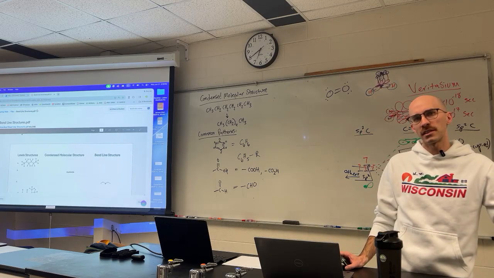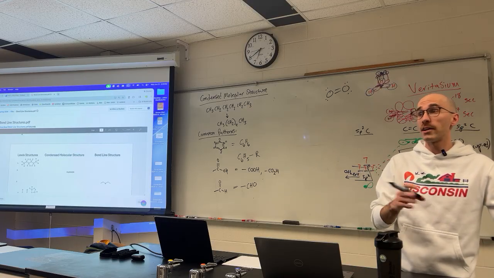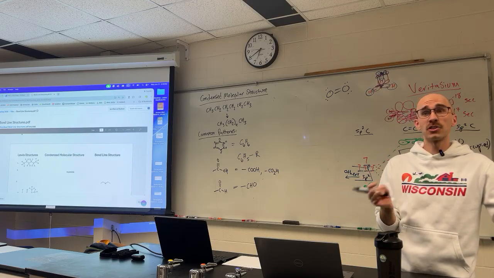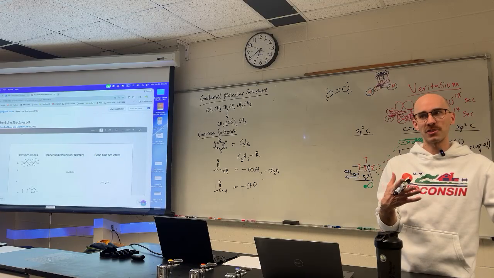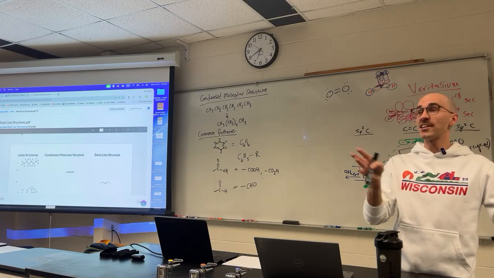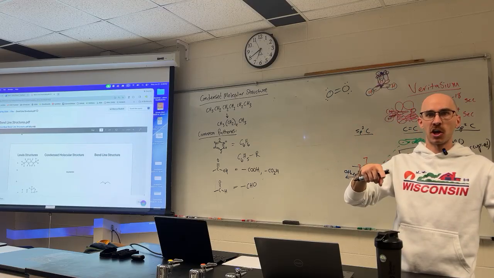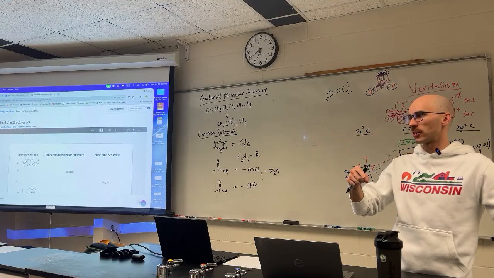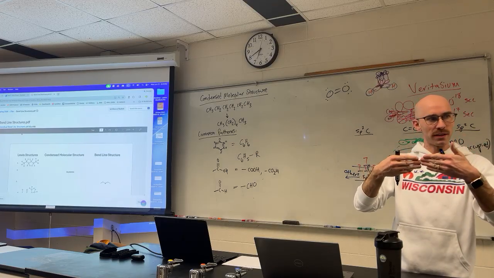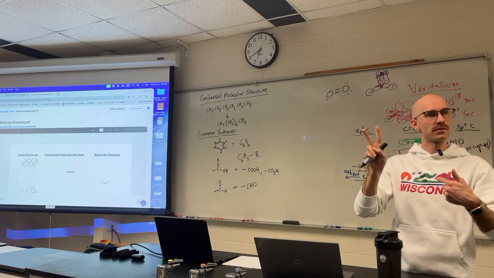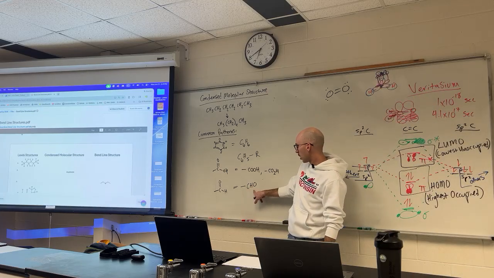Rather than calling it COH, because we're going to show a lot of OH groups where oxygen and hydrogen are bonded to each other, and we don't want to confuse it with an OH group. So we say CHO to remind you that the H is bonded to the carbon, as is the oxygen. The hydrogen cannot be the linker between the two. Hydrogen can't make 2 bonds. So this is a way of reminding you H to C, O to C.